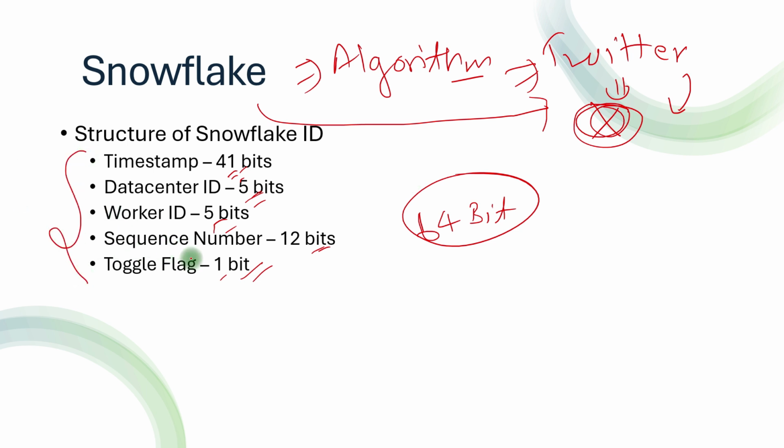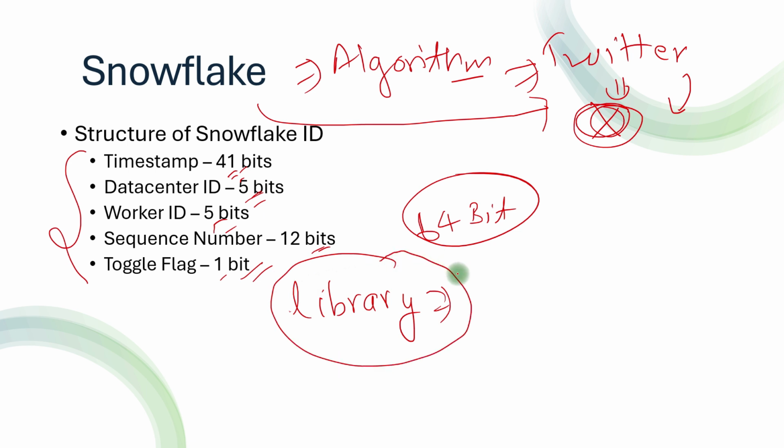This algorithm is such that you do not need a central server. It can be implemented as a library and integrated with all the services that we have. They can use it and have the ID available, and it fits all the requirements that we have.